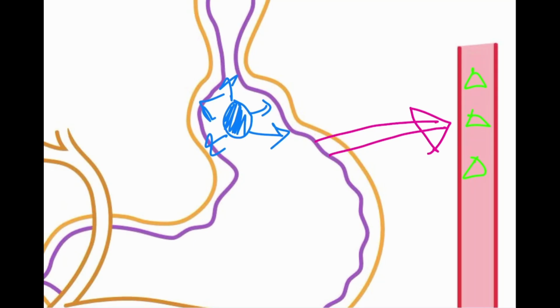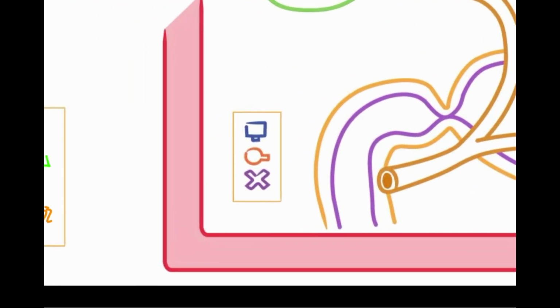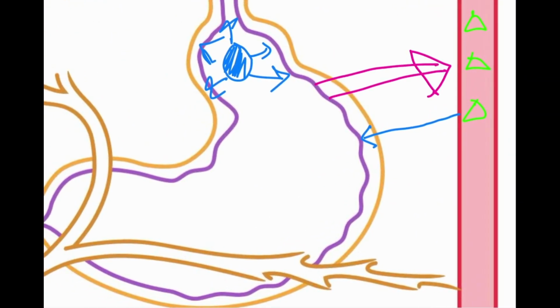This gastrin is then going to stimulate, okay, we just have the one arrow, so it's stimulating the gastric mucosa to secrete more gastric juices. Our gastric juices are in green, so I'll put a red dot there, and we know that's our gastric juice.